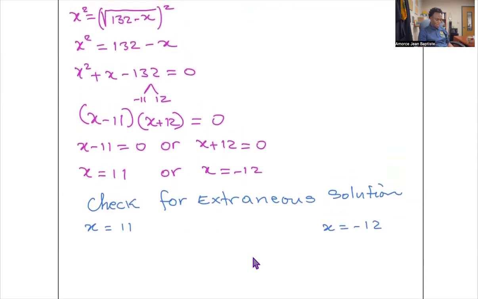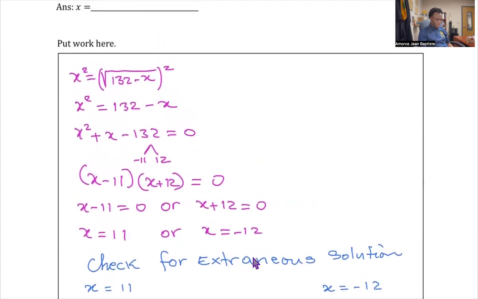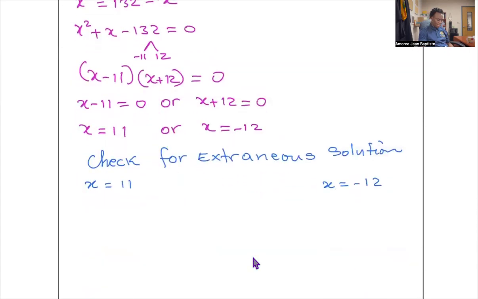When x equals 11, we have 11 equals the square root of 132 minus 11.